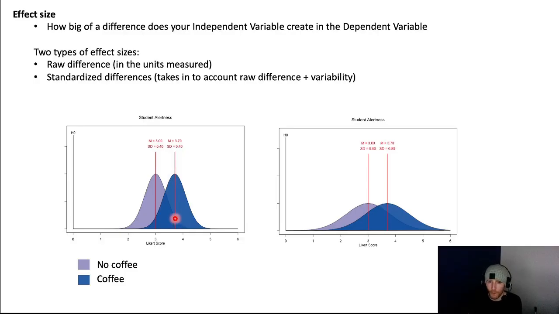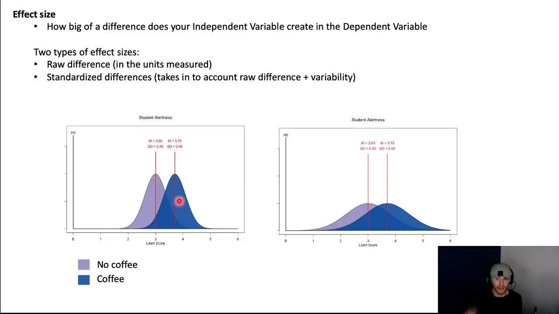But there's more information we can get from these graphs. If you were to take a person from the coffee condition and you were to ask the question, does this person score higher than the average of the other condition, you could be pretty certain the answer is yes. Okay, so random student plucked out of the air from a coffee condition, does that student have more alertness than the average no coffee student?